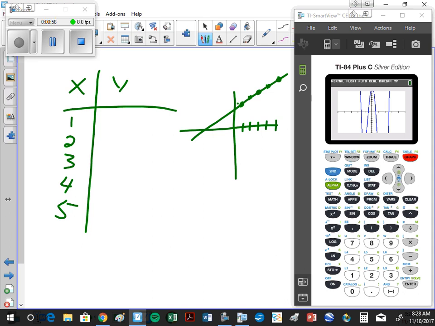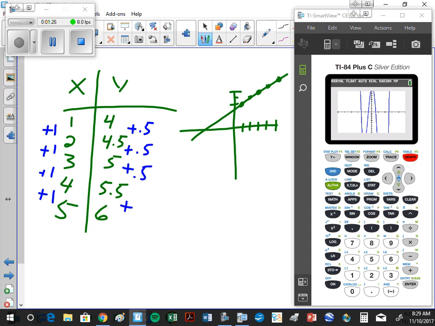So this might be 4 and 4.5, 5, 5.5, 6, and so on. To check to see if it's linear, you look at the x's, plus 1, plus 1, plus 1, plus 1, and then you look at the y's, plus 0.5, plus 0.5, and that pattern continues.